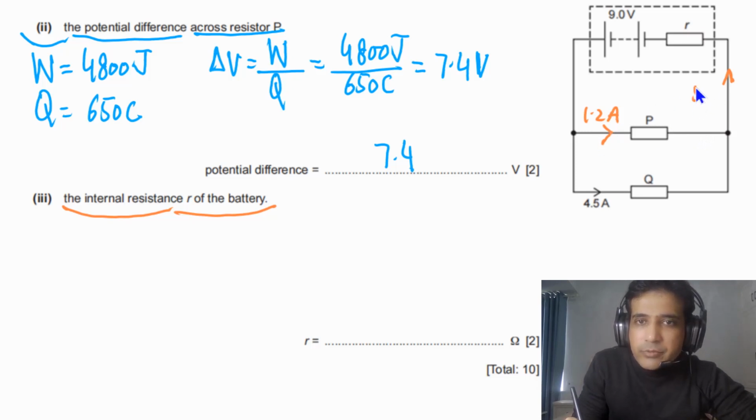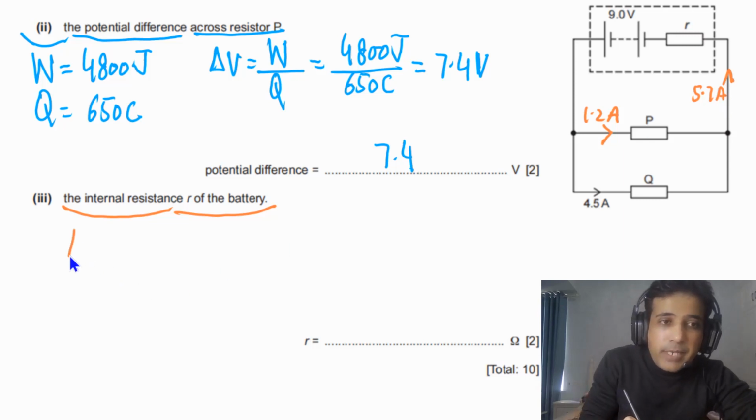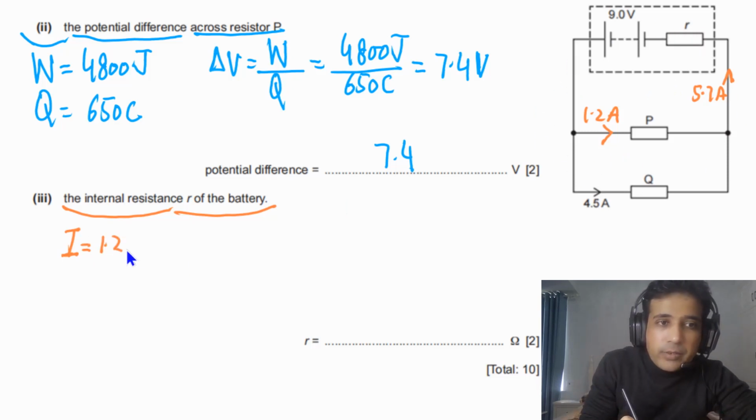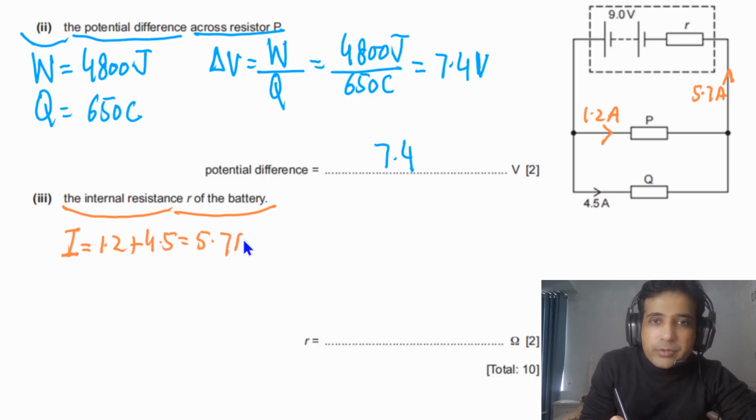So we can simply write down 5.7 amps, and it's better to write this step here as well, because if your final answer is wrong, you will still get 1 mark for calculating the total current in the circuit. So we have 1.2 amps plus 4.5 amps, and the total current in the circuit is 5.7 amps. And the current leaving the battery has to be the same, so this is also 5.7 amps.